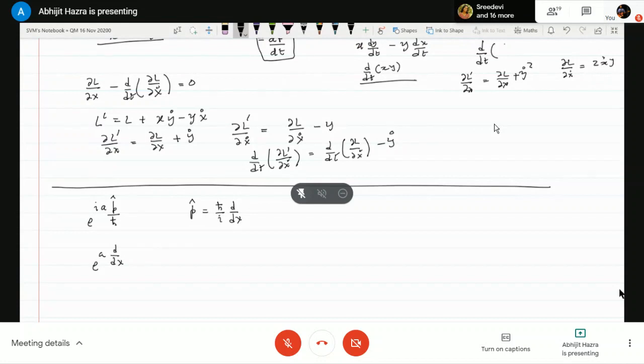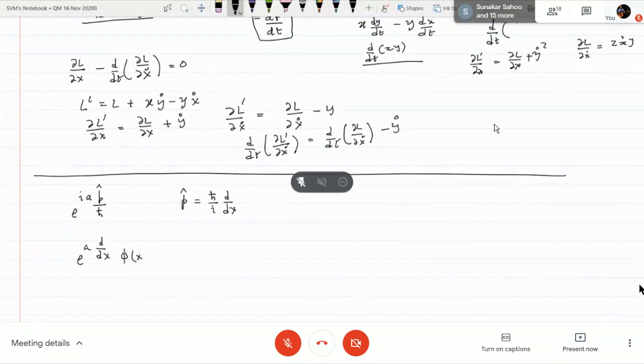Now what happens when this operator is acting on a function of x generally? This is what we want to understand. It turns out that it actually translates the function. So if you take phi of x plus a, you can write it as phi of x plus a into d phi by dx, plus, expanding around x, a square by factorial 2 d square phi by dx square, and so on.